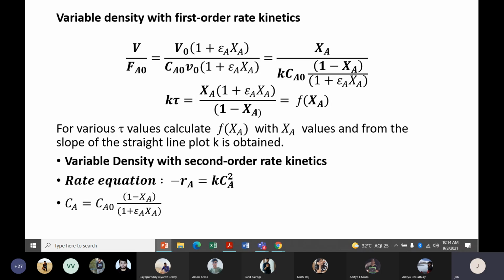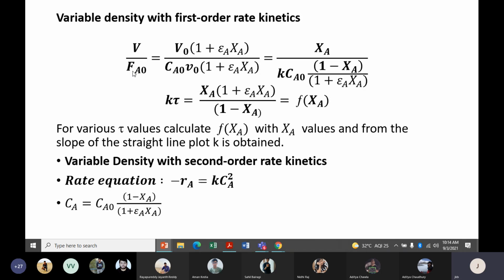Now the variable density case will start from here. In the case of mole balance, V by Fa0, and we write V equal to V0 times 1 plus epsilon XA, where epsilon is the volume change parameter due to reaction.